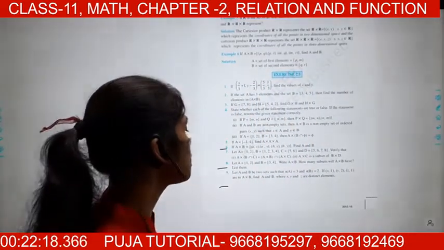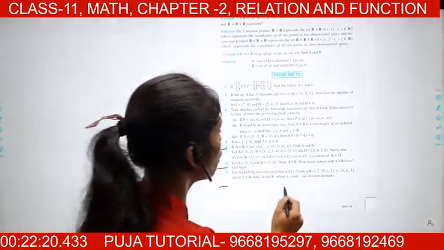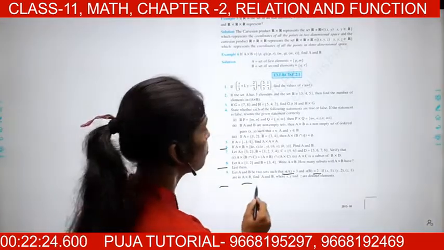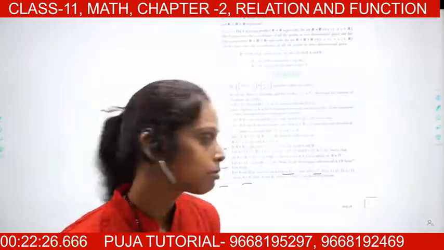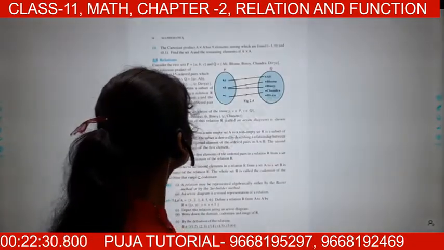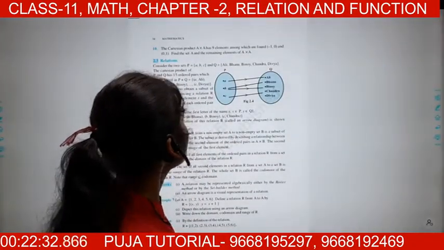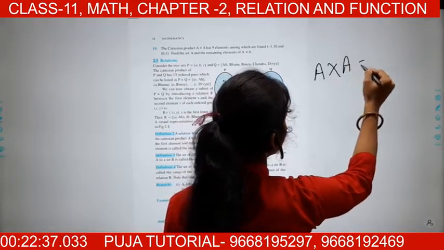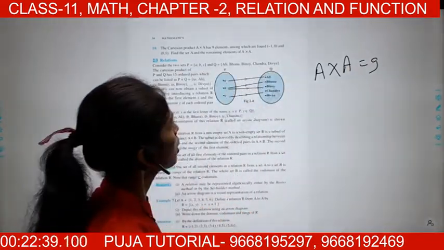Question number last. Let A and B be two sets. Number of elements of A equal to 3 and of B is equal to 2. Then A cross B is equal to 6. It is very easy. Now, next one. The Cartesian product A cross A is equal to 9. Okay. Find out.